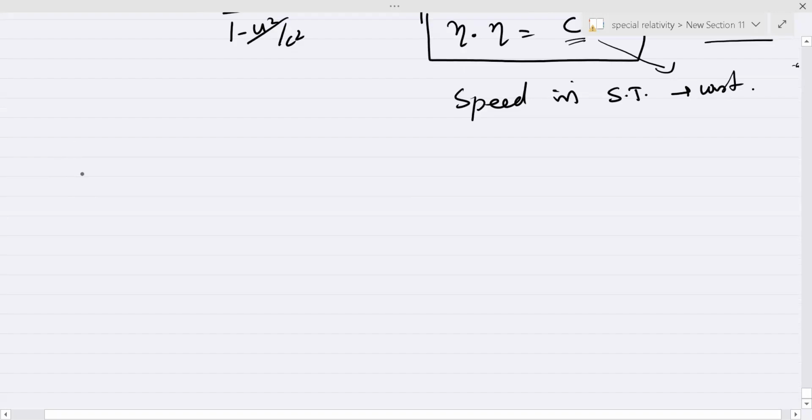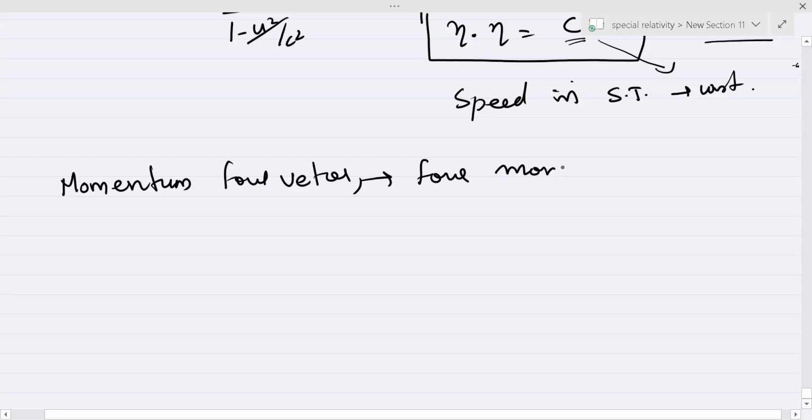Let's go to the next thing. What we are discussing next is the momentum four-vector. What we discuss now is the four-velocity, or we'll also call this the four-momentum.